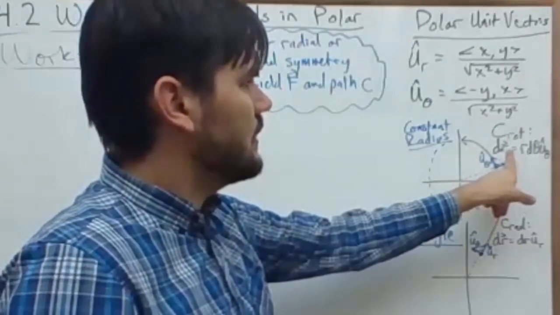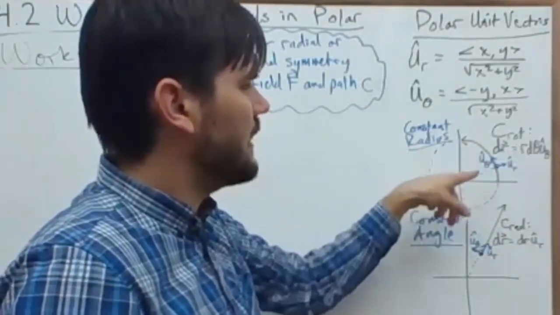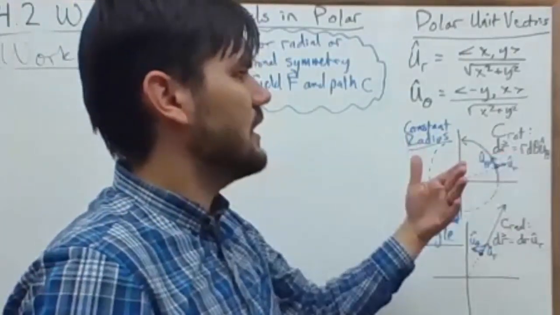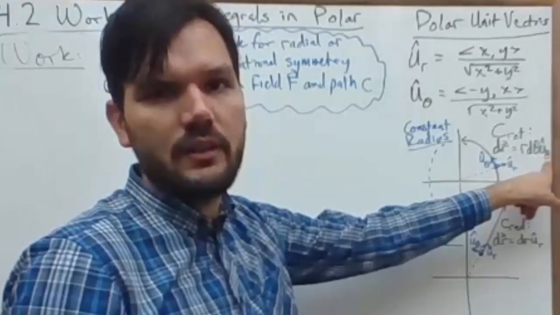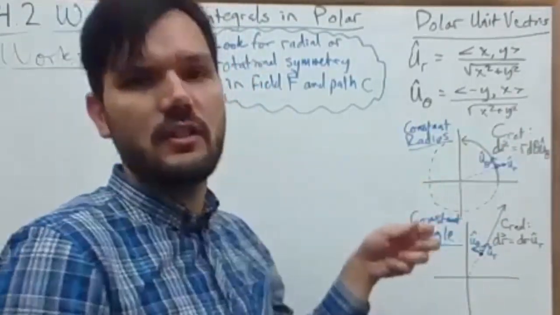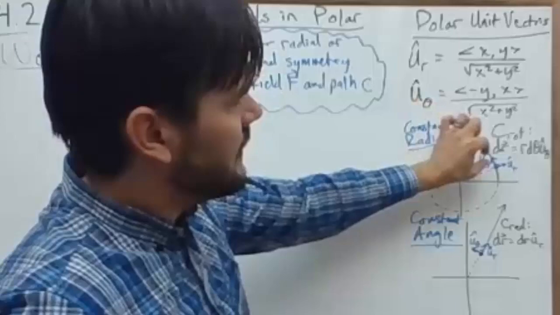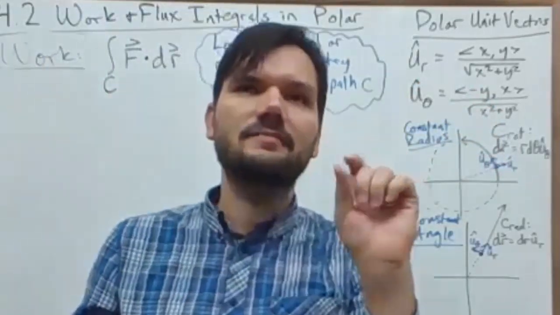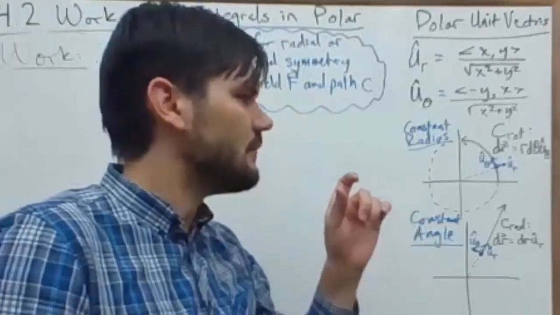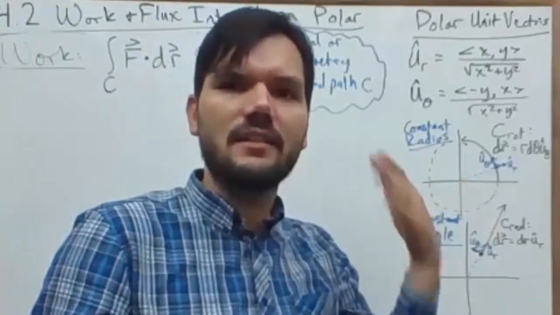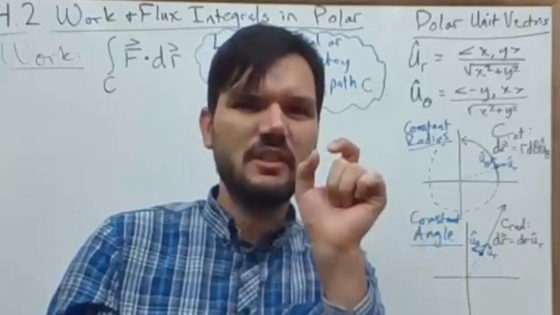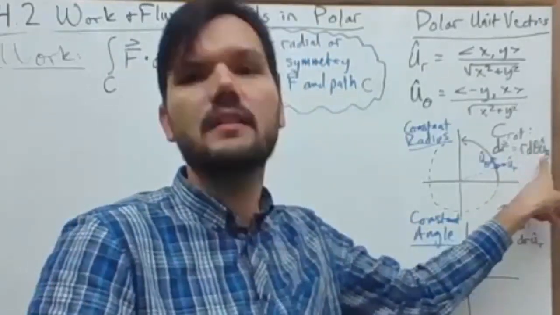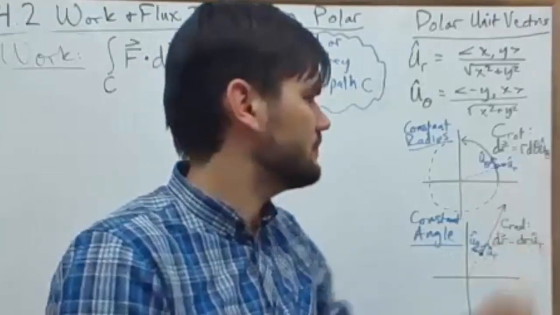Well, since our rotational path has no change in the radial direction, the dr change will only be in the angular direction, and the amount of that change is based upon the length of this arc on the circle. And the length of the arc is the radius times the small change in theta. So we end up with an r d theta times the angular direction.